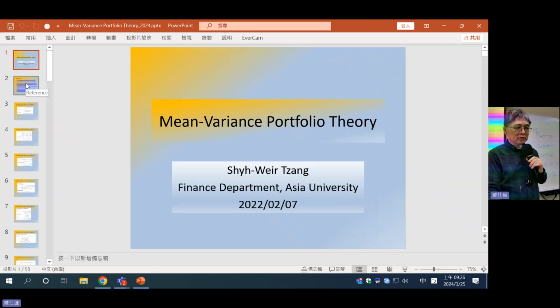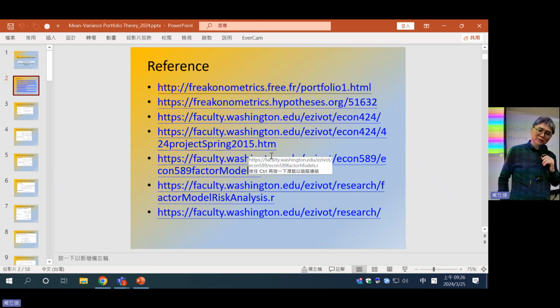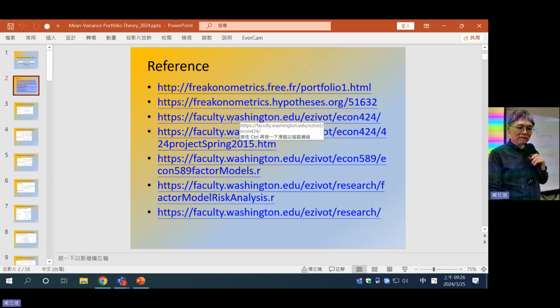Okay, I just made some modifications to the slides, but anyway, there are a few materials on the internet. I think you can reference these materials by yourself. Some of the slides are based on materials provided by faculty in other universities.